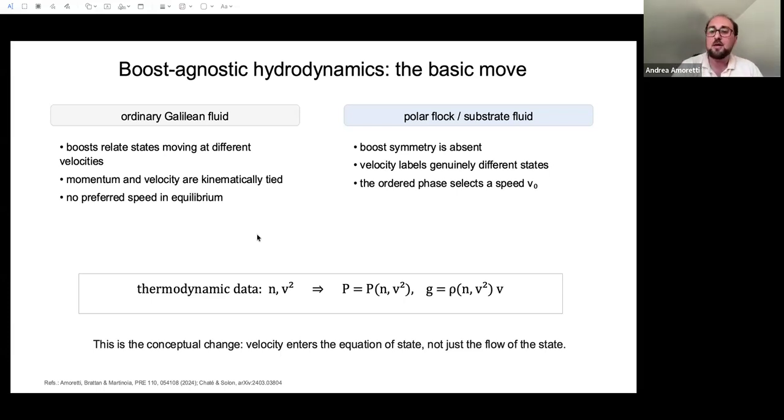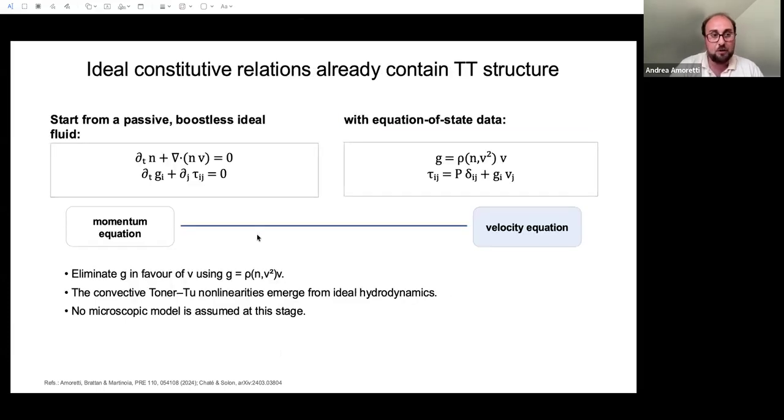Okay. So if you do that, and you start deriving your equations of motion, you can basically eliminate V in favor of momenta, and you can use your equation of state, just making it very simple, not really entering into details, to fix some of the coefficients that appear in the Toner-Tu equation.